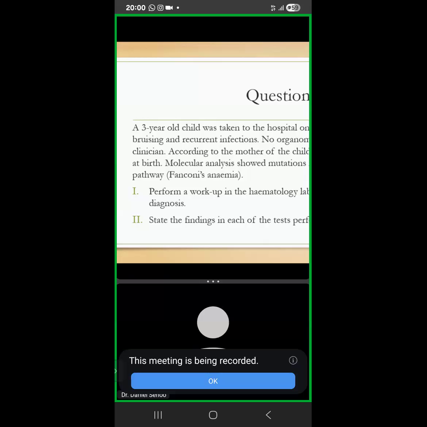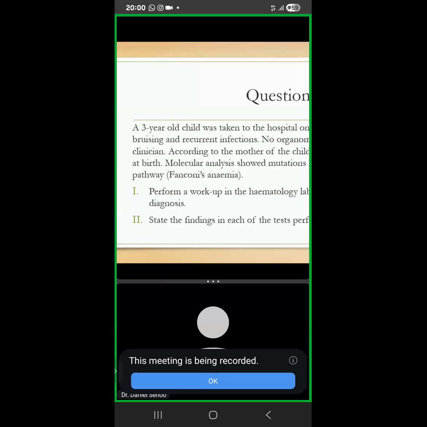Based on that guide from the full blood count, you do a smear by the protocols. So you'll be seeing what you should be expecting, all those cells in your film.